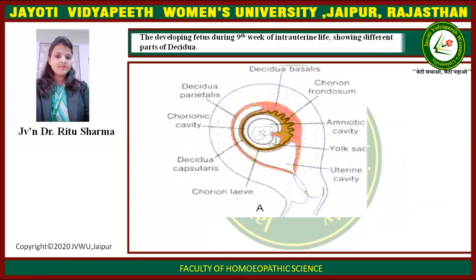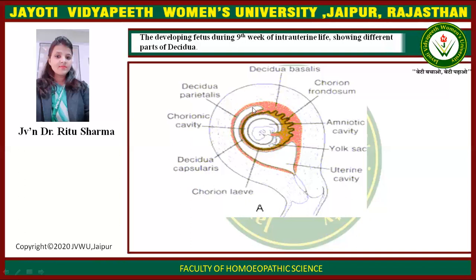The developing fetus during the ninth week of intrauterine life, showing different parts of decidua. The decidua basalis is the main part, where the blastocyst is attached and forms the placenta. The outer layer is called decidua capsularis, and the covering of the chorion is called decidua parietalis.